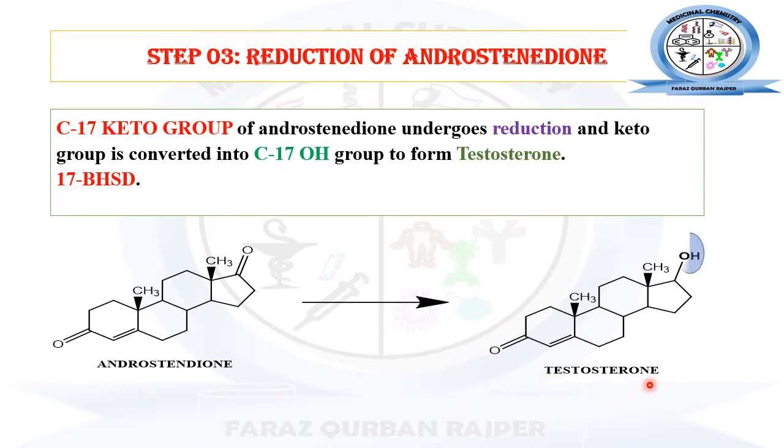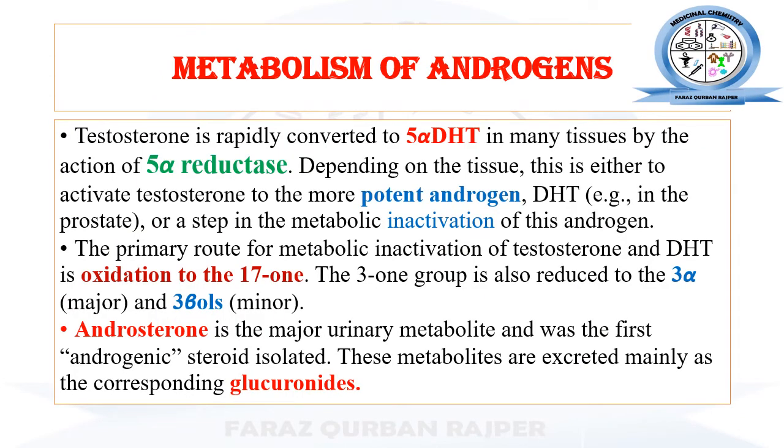You may observe that this ketone group is now reduced and converted into the hydroxy functional group. This makes it the testosterone molecule. So the chemical structure of testosterone has the steroid ring nucleus, with the ketonic group at the C3 position and the hydroxy group at the C17 position.